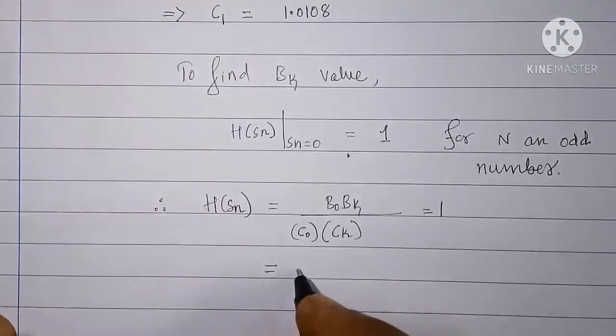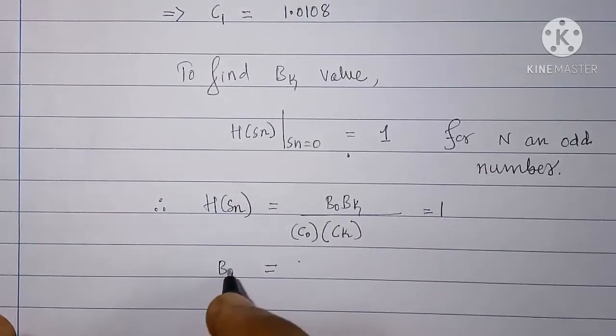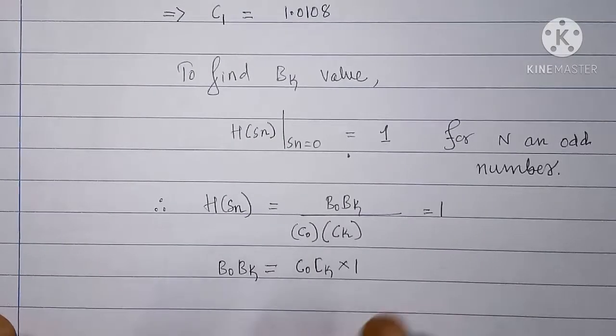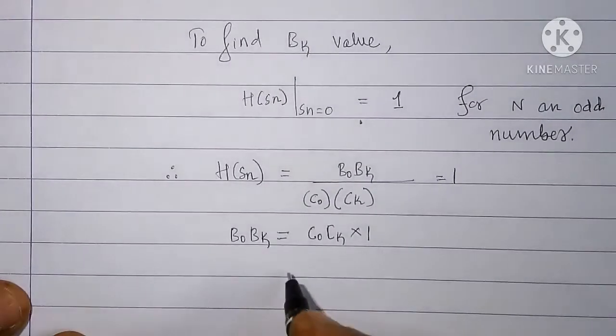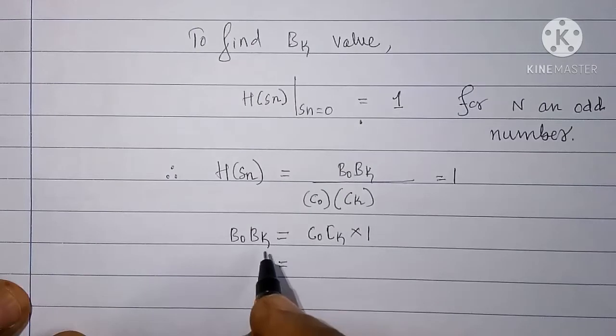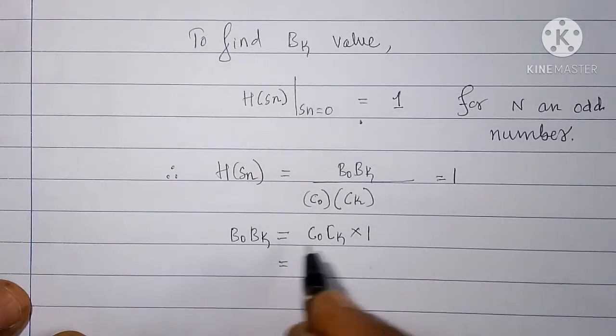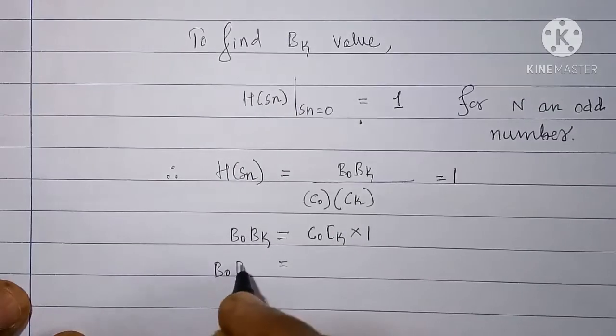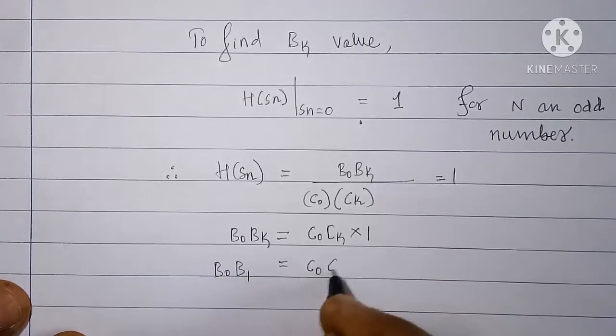That is, B0 into Bk is equal to c0 into ck into 1. And we know what the c0 and ck values are. Here in this example, we have Bk as B1 and ck as c1. Therefore, B0 into B1 equal to c0 into c1.